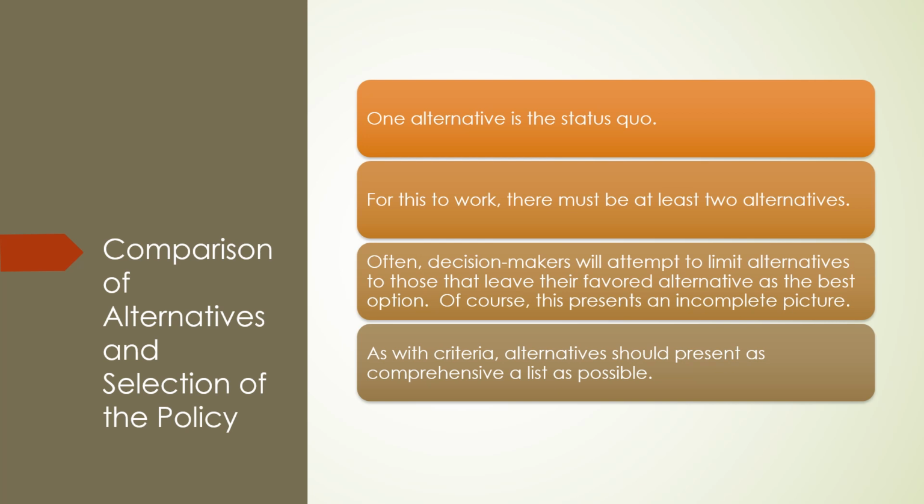Ideally, you're going to have the status quo, you're going to have your favorite alternative, and then you should have a competing alternative. The more things that you take into account, the more meaningful it is when you decide the alternative that you desire.